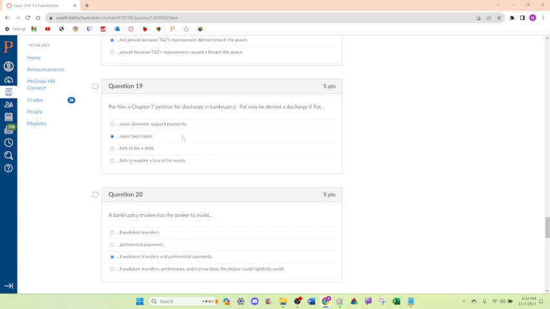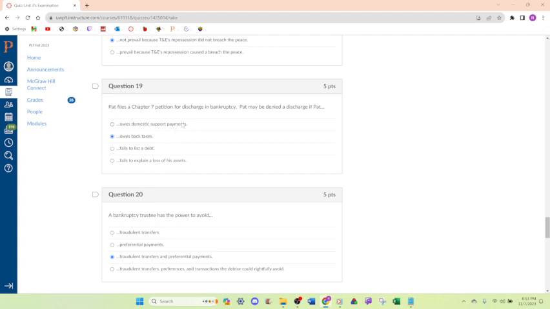What does it even mean, back taxes? This sucks. Because there was like alimony and taxes were listed as non-dischargeable obligations or something like that. But it can't possibly be both of them.